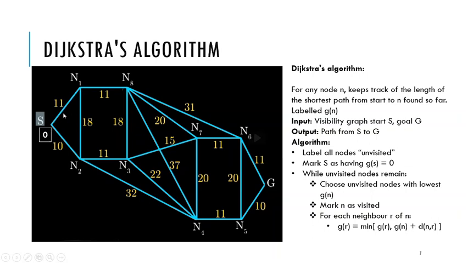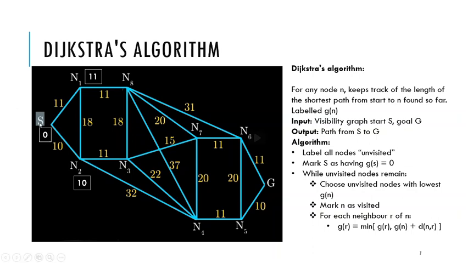If g of n is 0 right here, then g of n at node 1 will be 11. So I am going to mark an 11 for node 1, and similarly for node 2 the length of the edge is 10, so g of n for n2 is going to be 10. So I have marked the start as visited.